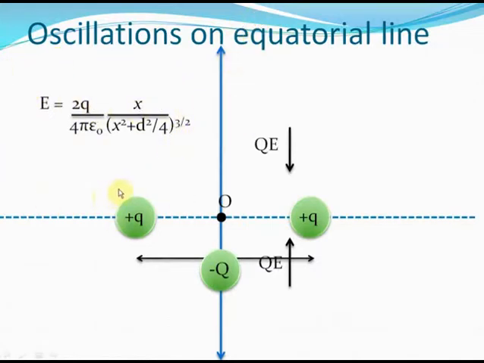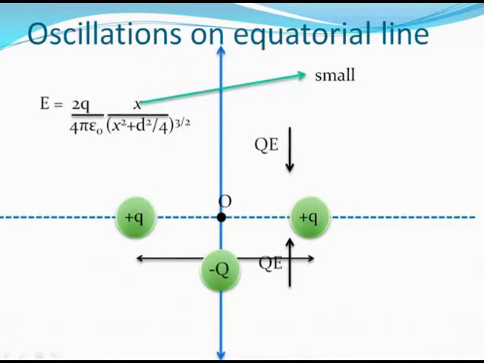Now if x is small, in that case x squared can be neglected in comparison to d squared by 4, isn't it? When you multiply this expression with q, the magnitude of the charge, you get the net restoring force acting on the minus q charge, isn't it?